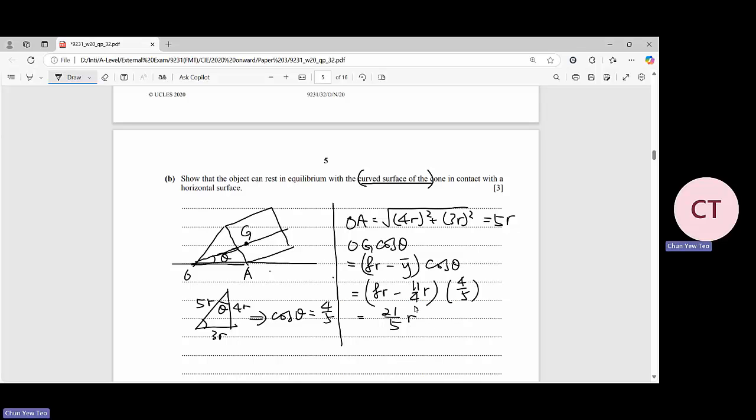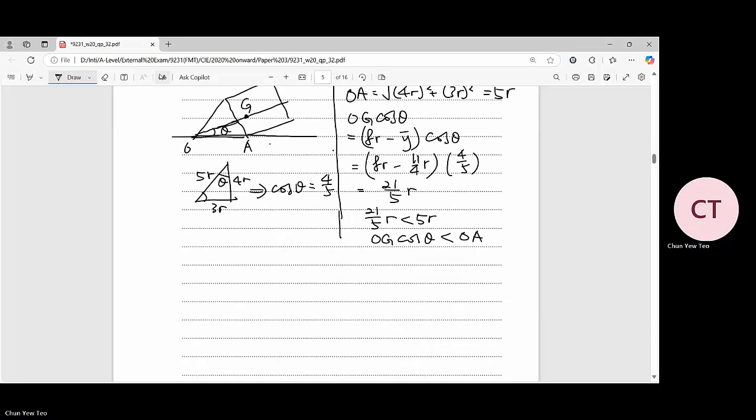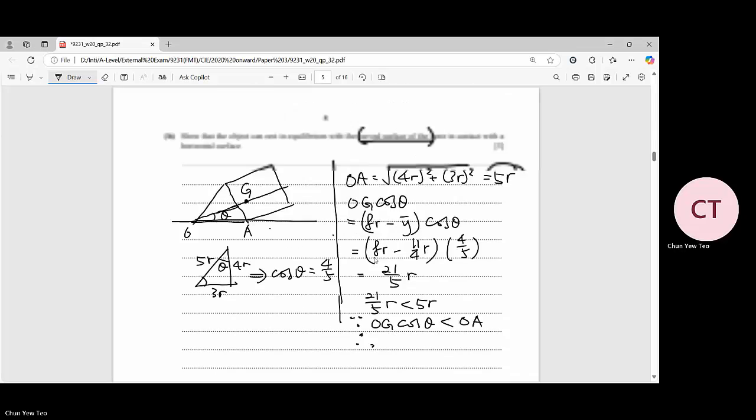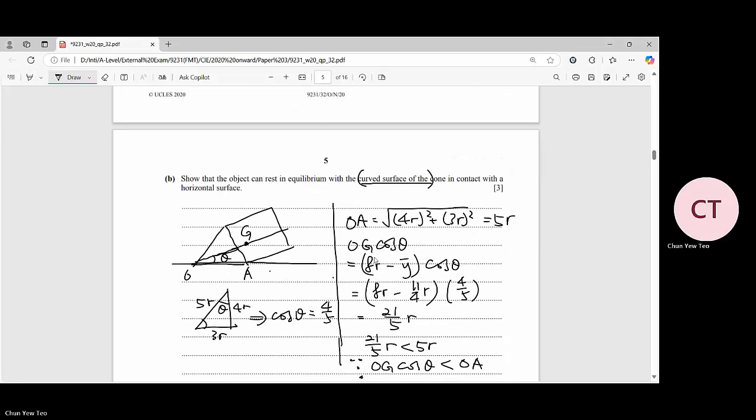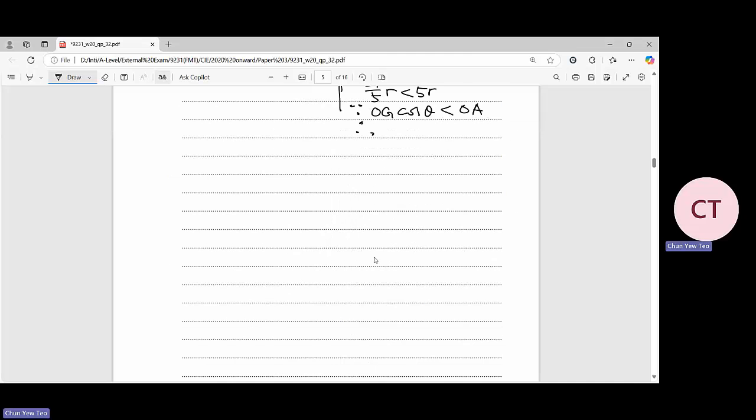Okay. So you compare your 21 over 5R is actually less than 5R, which means that the OG cos theta is less than the OA. Because of this reason, therefore, the object can rest in equilibrium.